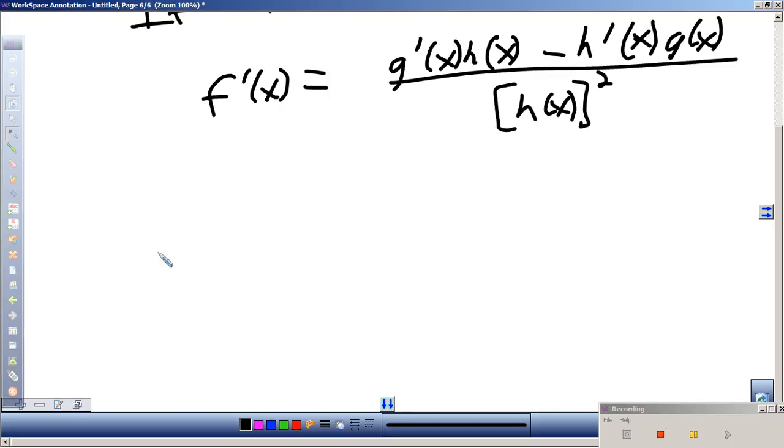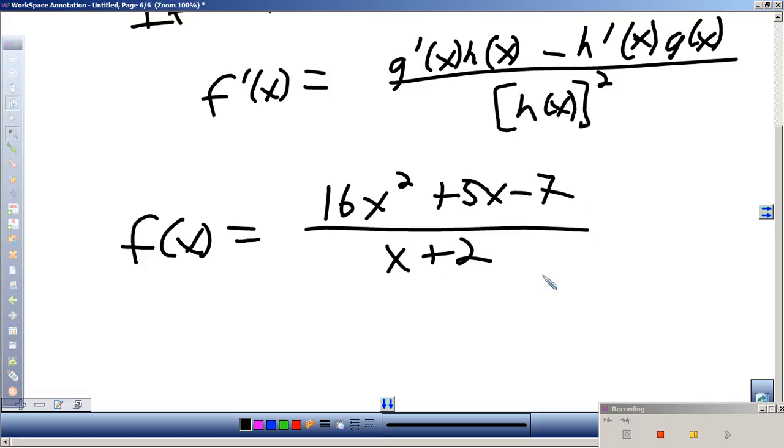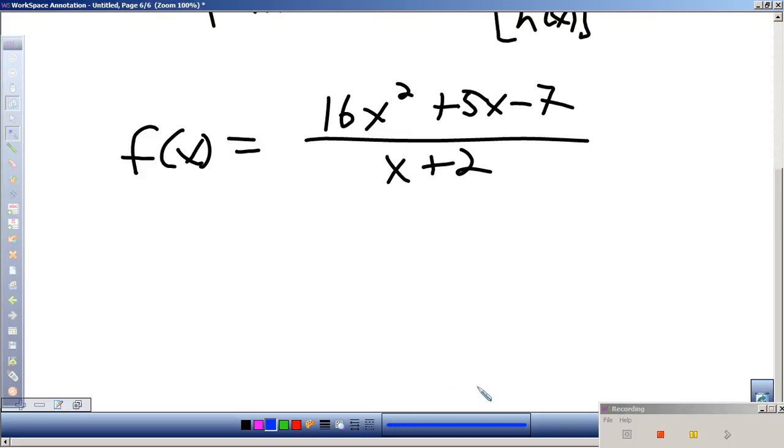Let's say we had f of x equals 16x squared plus 5x minus 7 over x plus 2, and I want the derivative of it. First, where would this not apply? Yeah, x cannot equal negative 2 for this. So f prime of x.